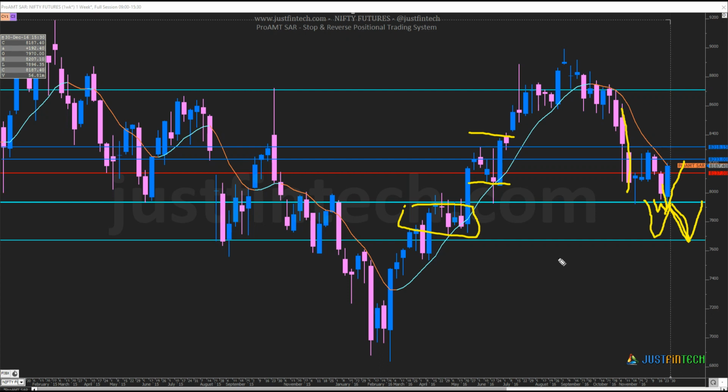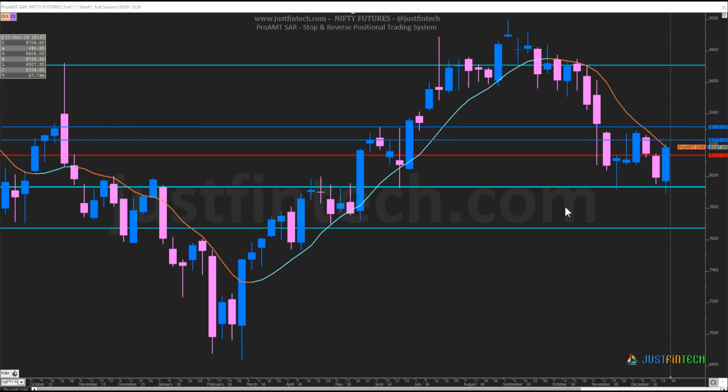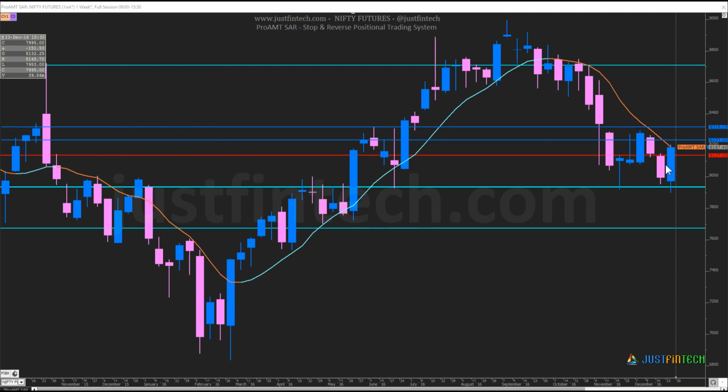So now what we want to see is what can be the likely scenario going forward. Till now we were just looking at how this developed and what was happening. Now we want to see what can happen, and the likelihood of pushing through this is as good as the likelihood of going back into this balance.